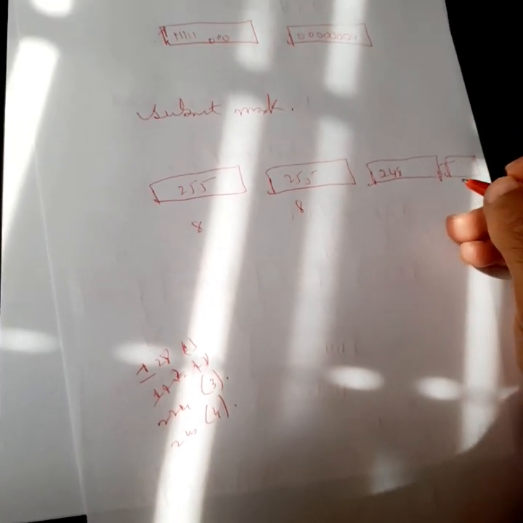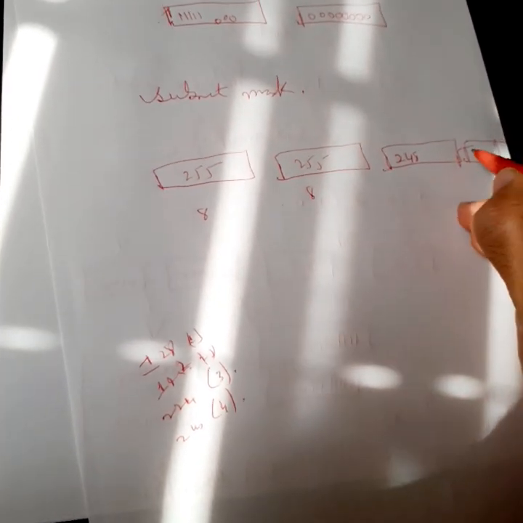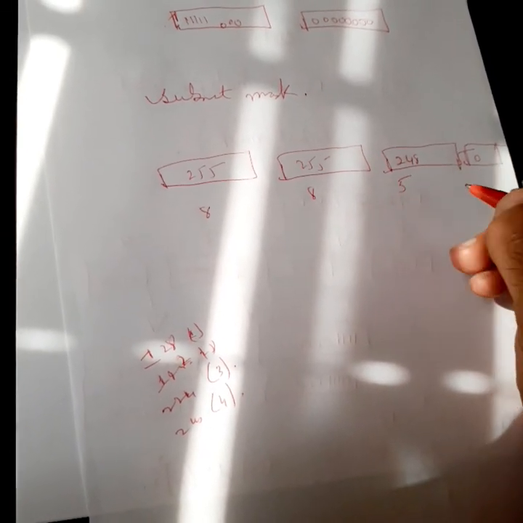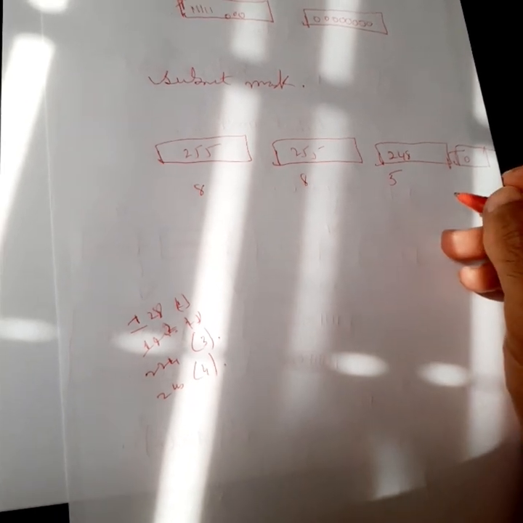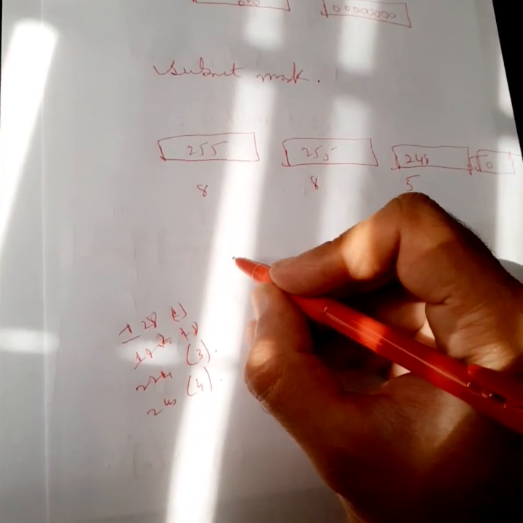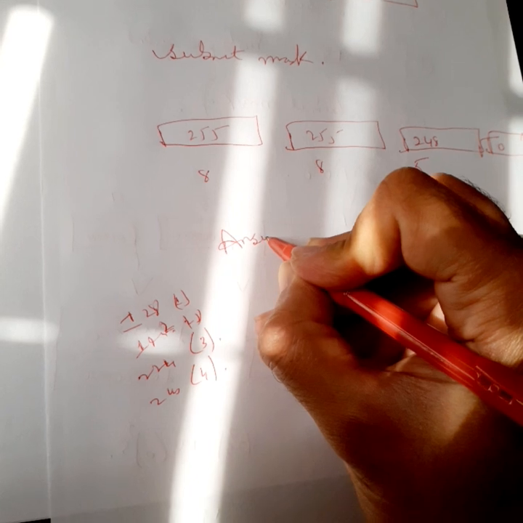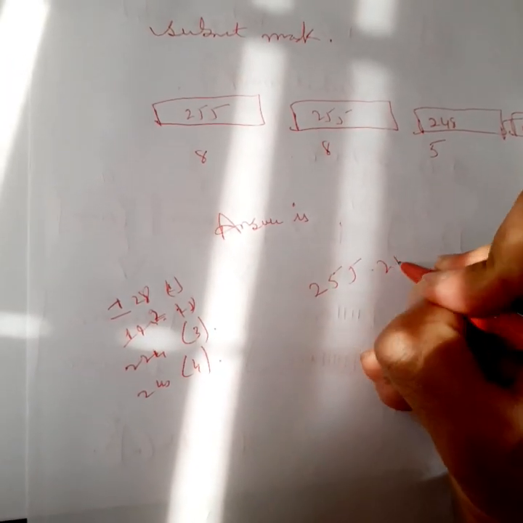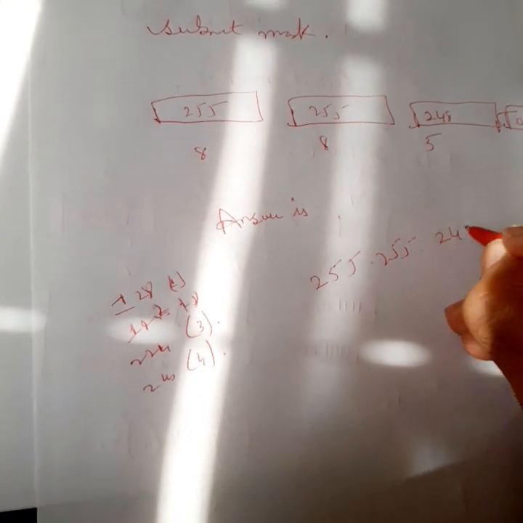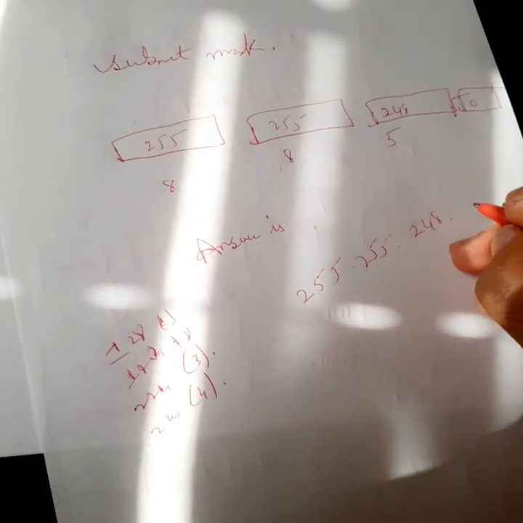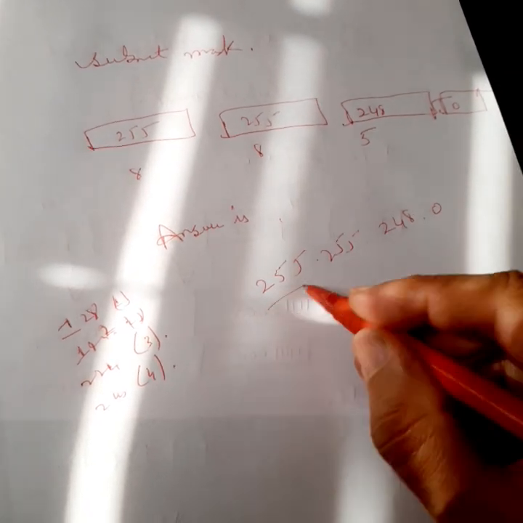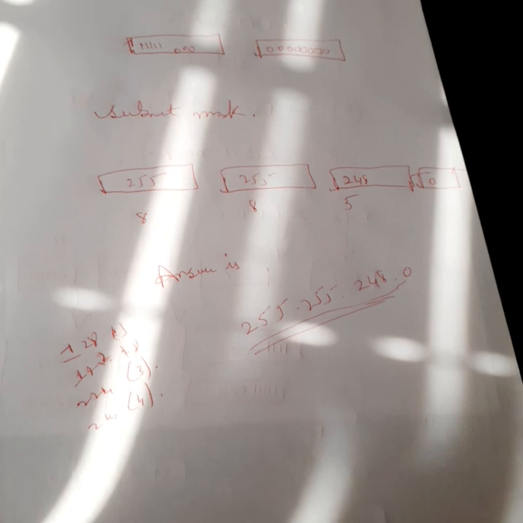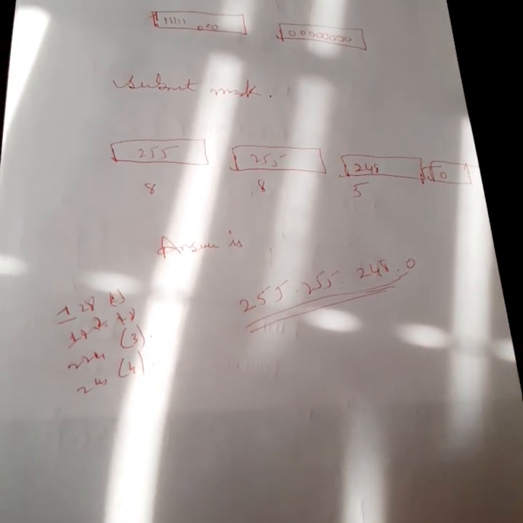As we all know, these are all zeros, so we keep them as zeros. So our answer is 255.255.248.0.